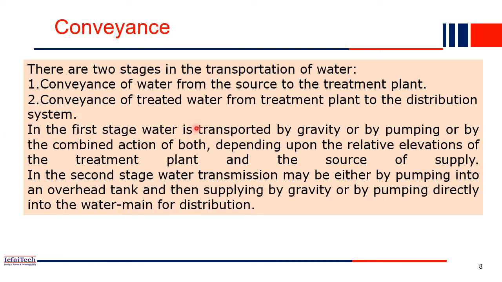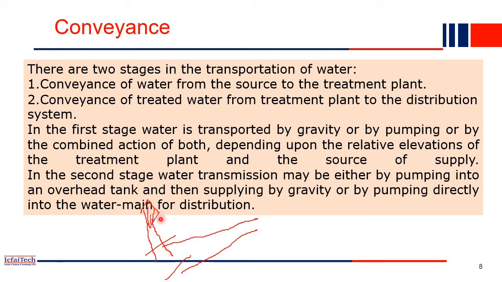In the first stage, water is transported by gravity. Sometimes, say the river is flowing like that, and you have the water treatment plant here. Canals are constructed, and through this canal water flows directly from the river to the water treatment plant. So that is through gravity, using the gravity slope, and water reaches here.